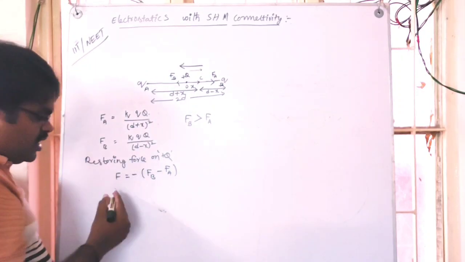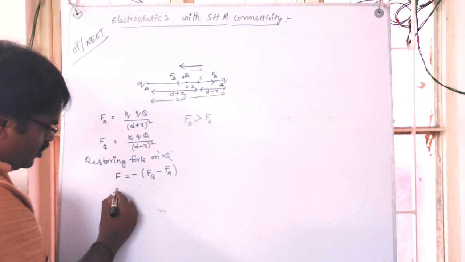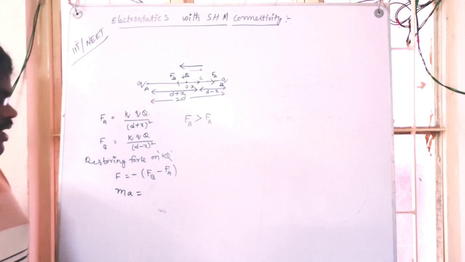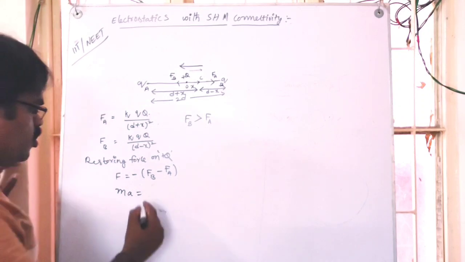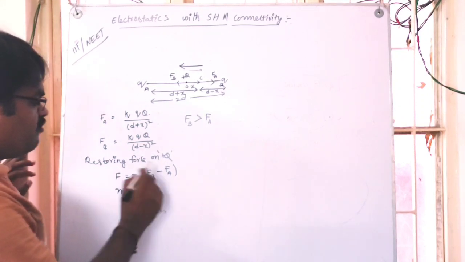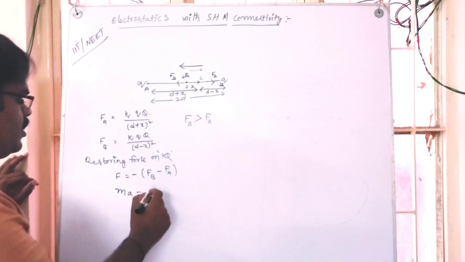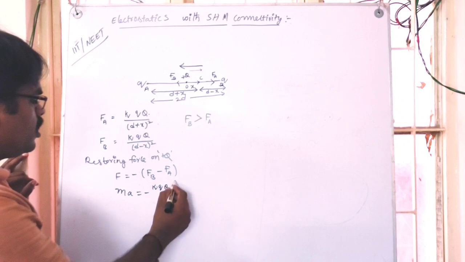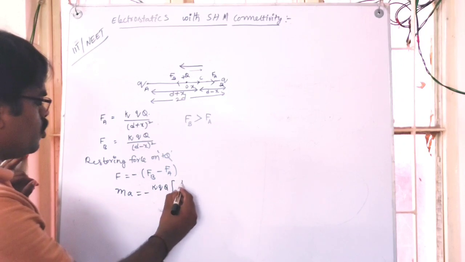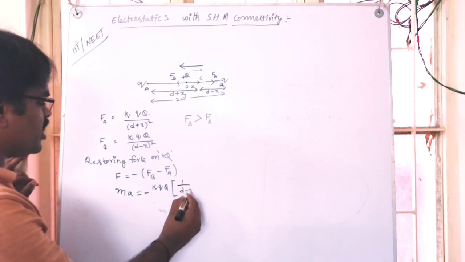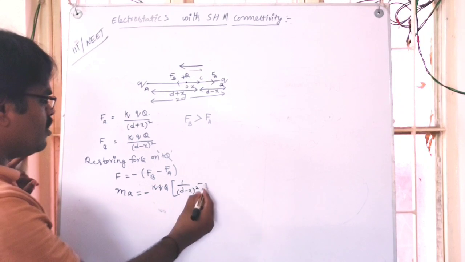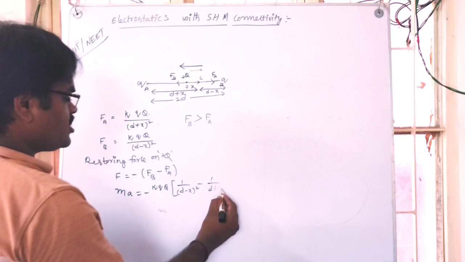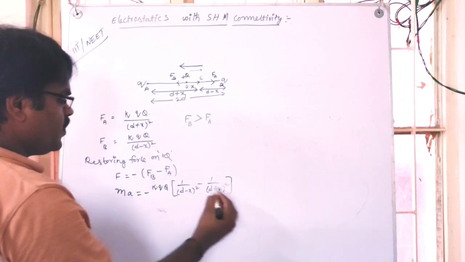That's why the negative sign. Now F is equal to ma according to Newton's second law. ma is equal to minus Fa and Fb, in which K, Q, Q are common. What remains? 1 by d minus x whole square minus 1 by d plus x whole square.